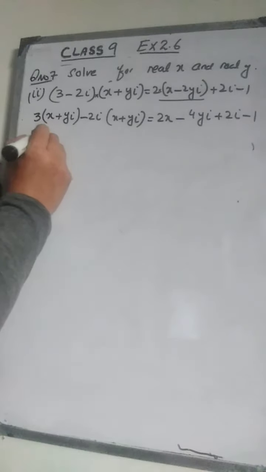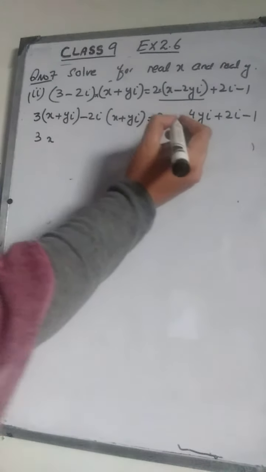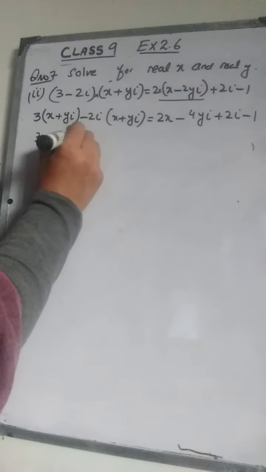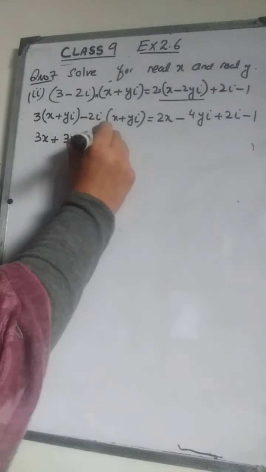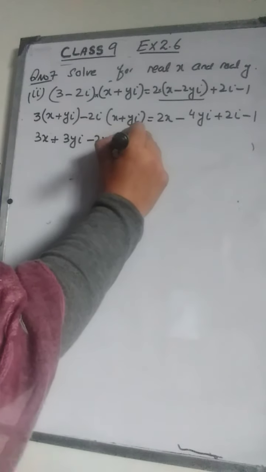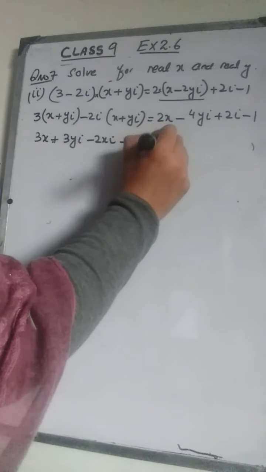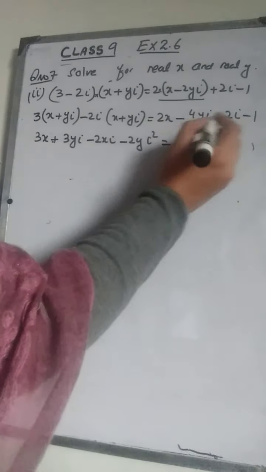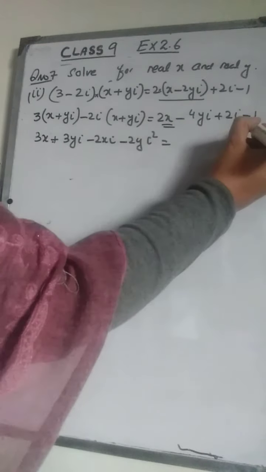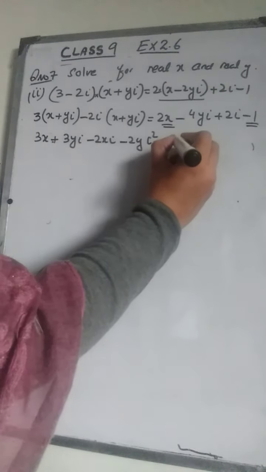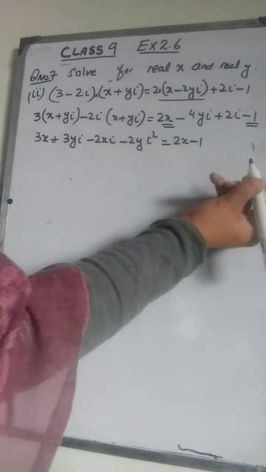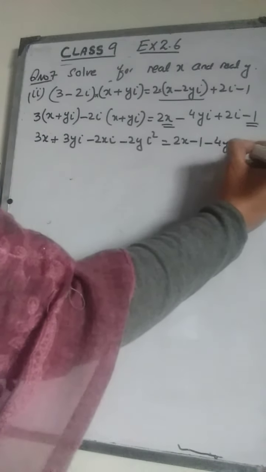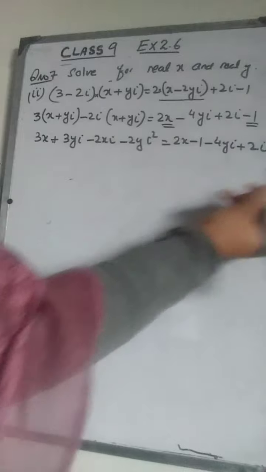Now multiplying these two, 3x plus 3y iota minus 2x iota minus 2y iota square. We are going to multiply these as we did before. Now over here this is without iota and this number is without iota, so combine them together and write the imaginary parts, 4y iota plus 2 iota.